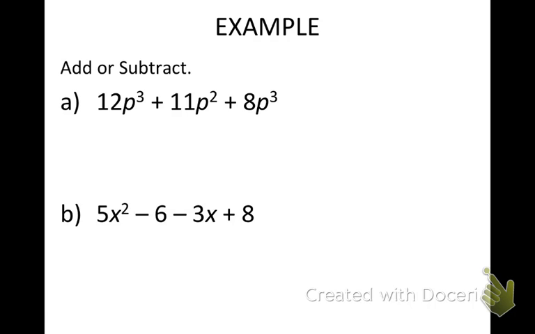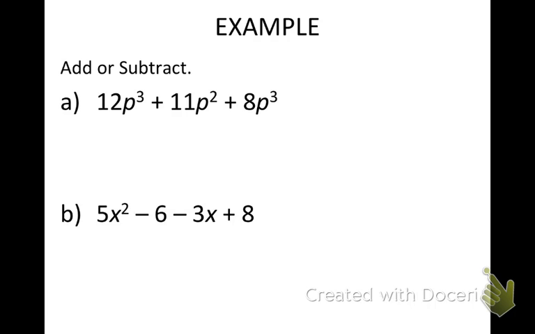So here's our first polynomial. I've got 3 terms to start out: 12p to the third plus 11p squared plus 8p to the third. Are any of those terms, or monomials, I'm going to use terms and monomial interchangeably, like terms? Which ones?